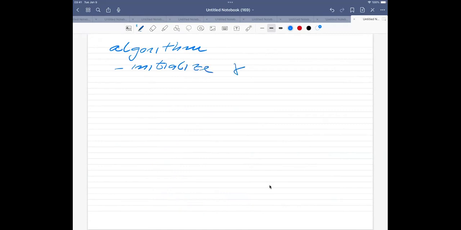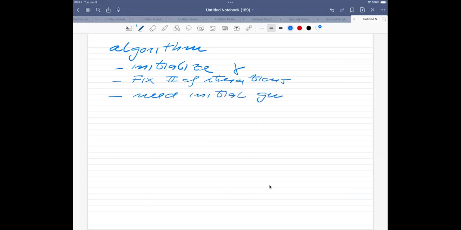You have to set some initial value. You have to fix the number of iterations. Then you need an initial guess, alpha 0. You also need to choose a method for updating or not updating gamma.